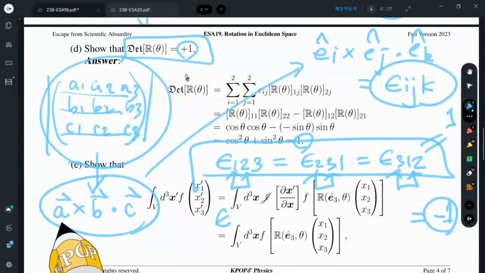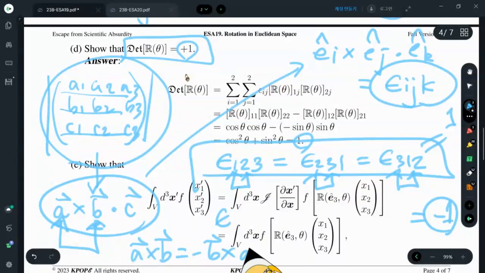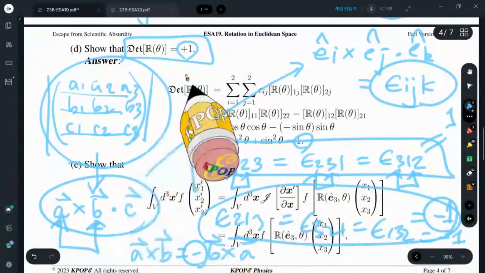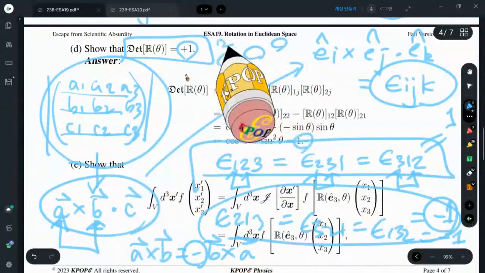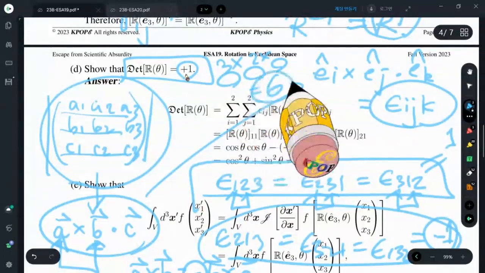Exchange of these two comes from the anti-commutative relation of the vector product. A cross B equals minus B cross A. Because of this, one becomes 2,1,3, 3,2,1, 1,3,2. They are all minus 1. And we have 3 elements to list. 3 factorial, that means 6 cases.